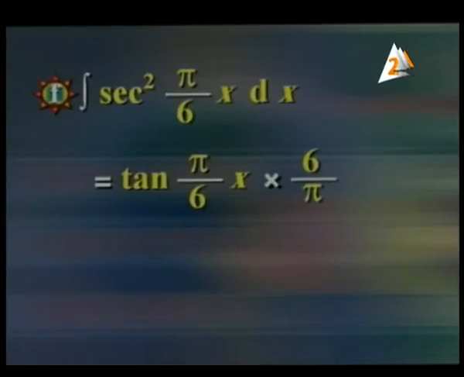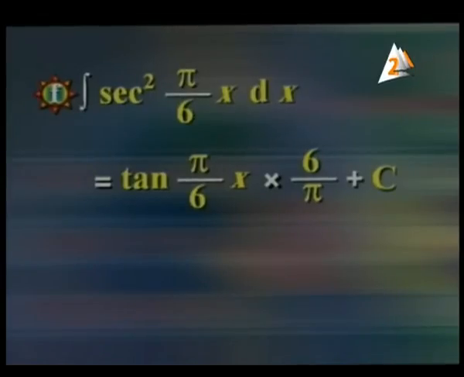Number F. Look at the integration of sec squared pi over 6 x dx. Is this example a constant? No. Why? Because we have the variable x. sec squared pi over 6 x dx. What is the answer? tan pi over 6 x times the coefficient of x, or divided by pi over 6, or the multiplicative inverse of pi over 6, which is 6 over pi, plus c.